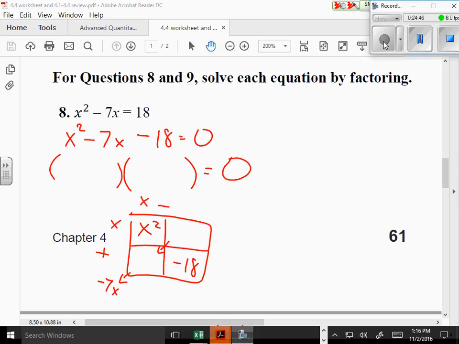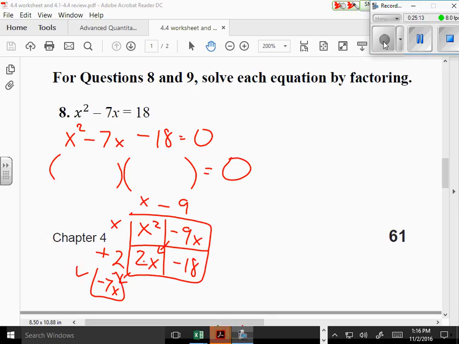Okay? So he's saying 9 and 2, with a negative being the 9, and the positive being the 2. So negative 9 times positive 2 is negative 18. That checks out. Negative 9 times x is negative 9x. Positive 2 times x is 2x. Negative 9x plus 2x is negative 7x. So that checks out.